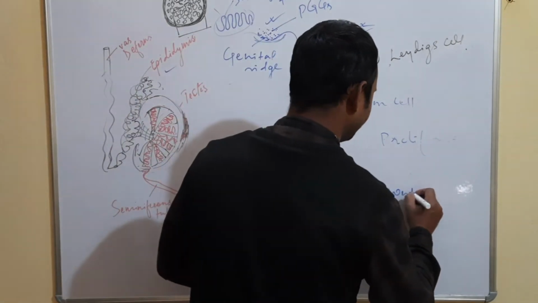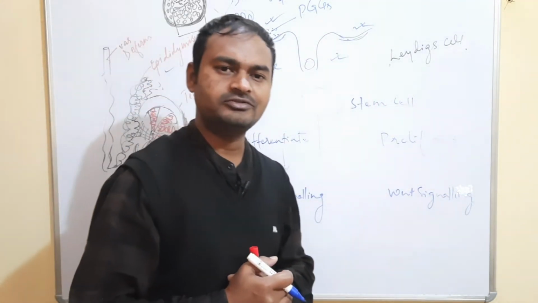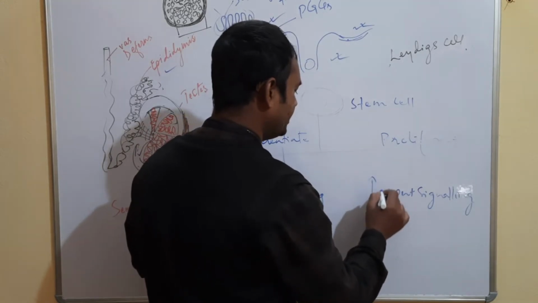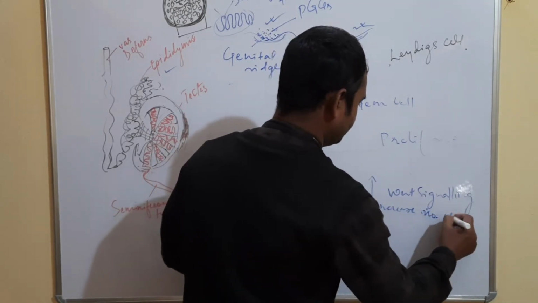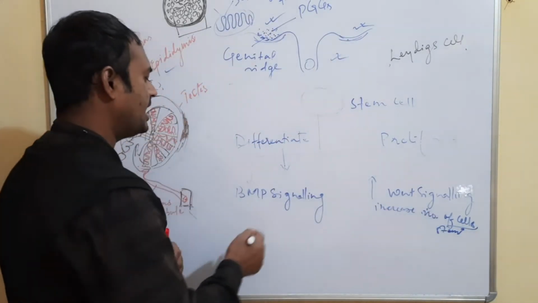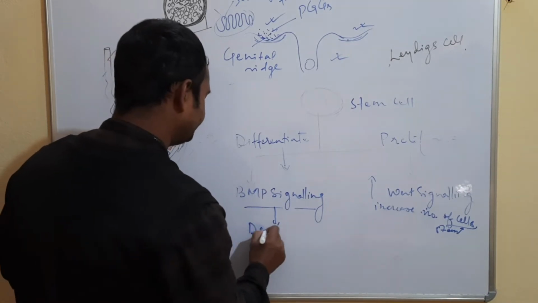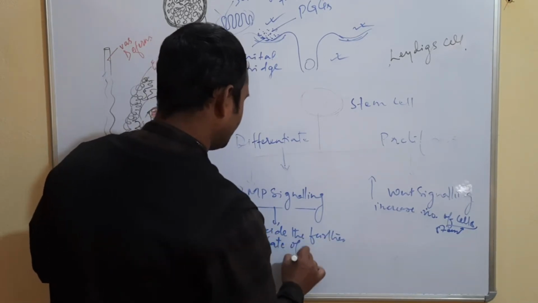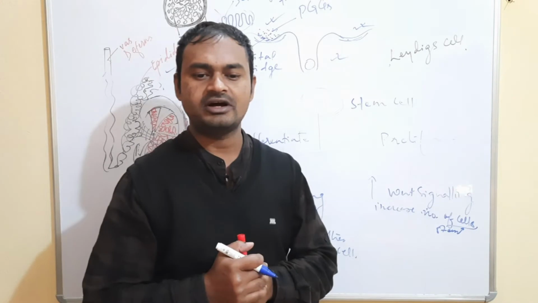The WNT signaling will lead to the proliferation of the stem cells, meaning WNT will increase the number of stem cells, and this BMP signaling will decide the further fate of the stem cell.